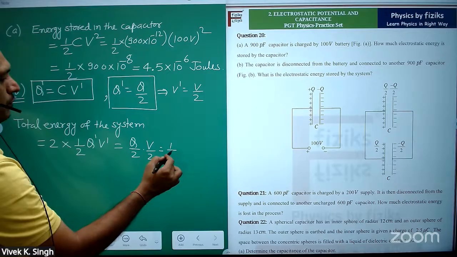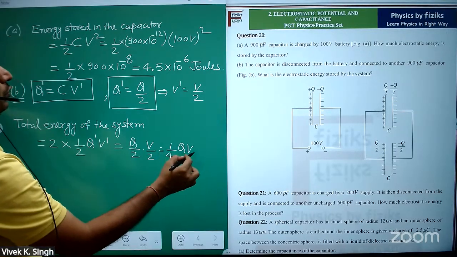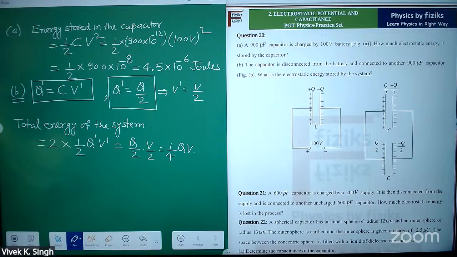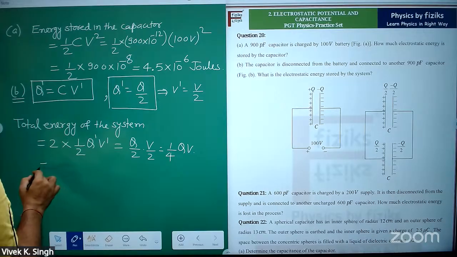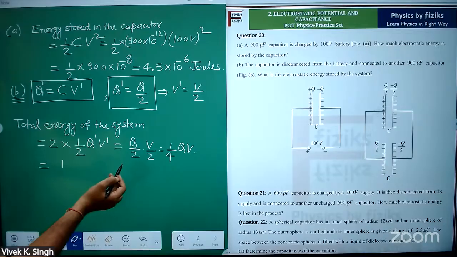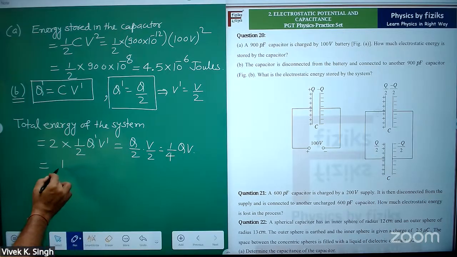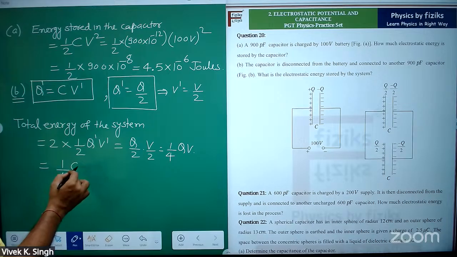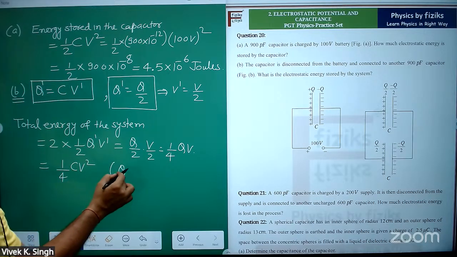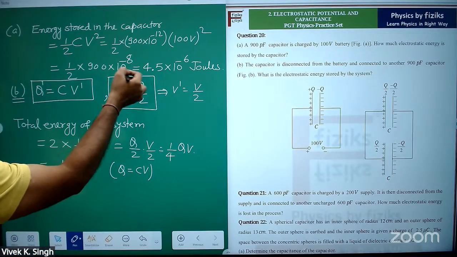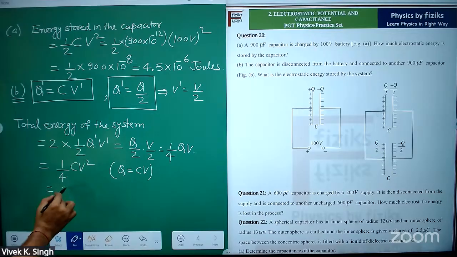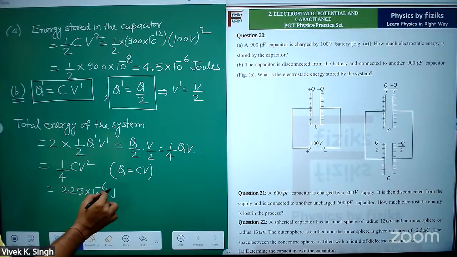So this is 1 by 4 Q into V, and Q is equal to CV. So 1 by 4 CV square, and then you have to take 1 by 2 of this value. So this is 2.25 into 10 to power minus 6 joules.